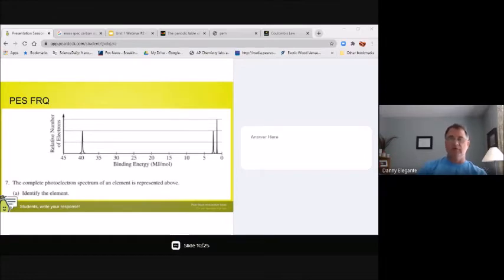So let's say you thought it was hydrogen, you would just type in H. And if you thought it was, let's see, something else, uranium, you would type in U. But what do you think this element is? Take your time, write it in. Look at your periodic table, take your time, and try and figure out which element this might be.